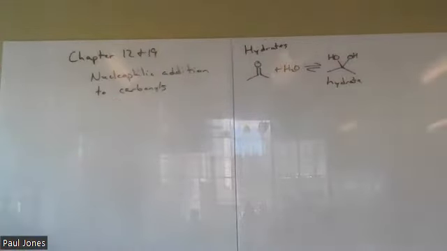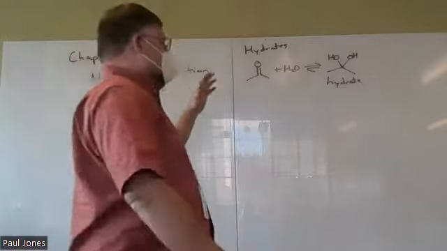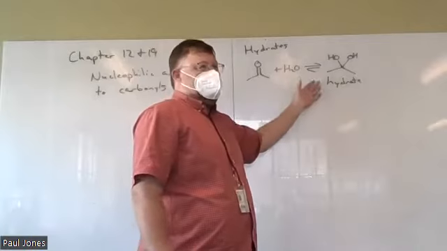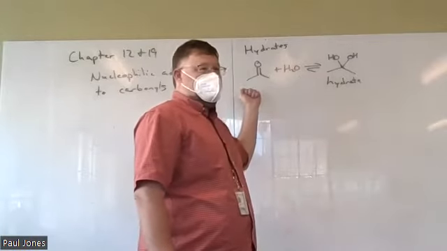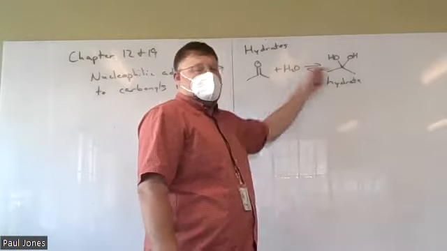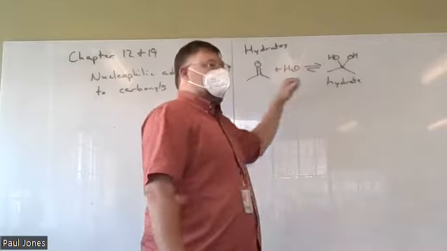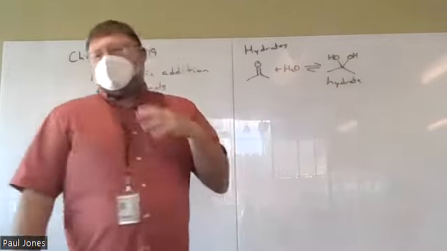So if I dissolve a millimole of acetone in water, I've got something like 10 to the 20th molecules of acetone, sorry. Even if this equilibrium constant is like 10 to the minus 15, then I've still got like a million or so hydrates at any given time. It's mostly carbonyl, but I've got a lot of hydrates.